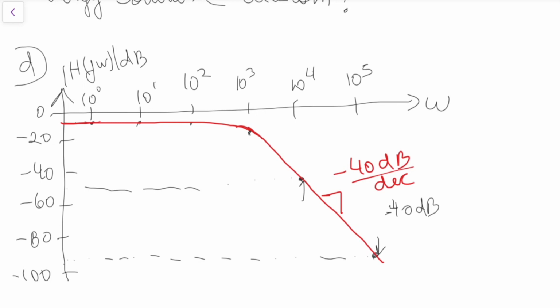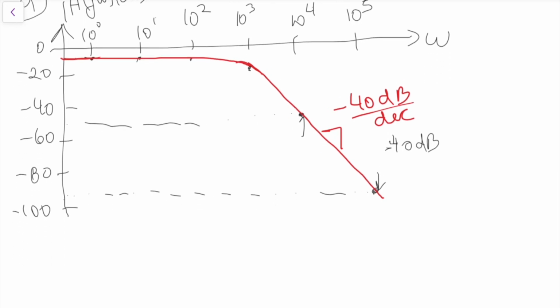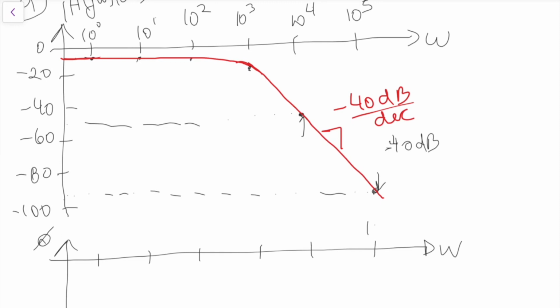And then for the phase, we can kind of use the same scale here. So let me just draw here omega, that's the phase. So here, here, here, here. 10 to the 4, 10 to the 5. Here's 10 to the 3, and here's 10 to the 1, right?